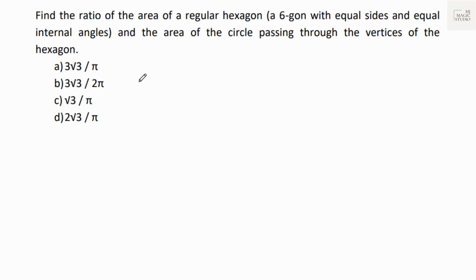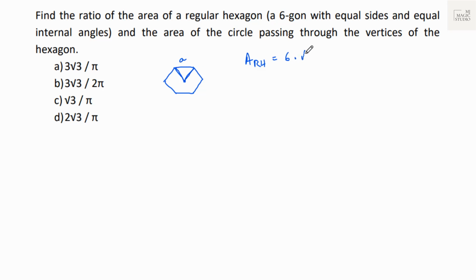Find the ratio of area of a regular hexagon. Regular hexagon means all 6 sides are equal. So if side of this regular hexagon is a, then area of regular hexagon is given by 6 times the area of equilateral triangle formed with the sides a, a, a.